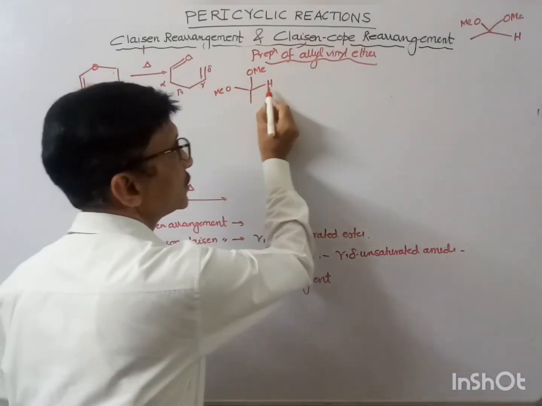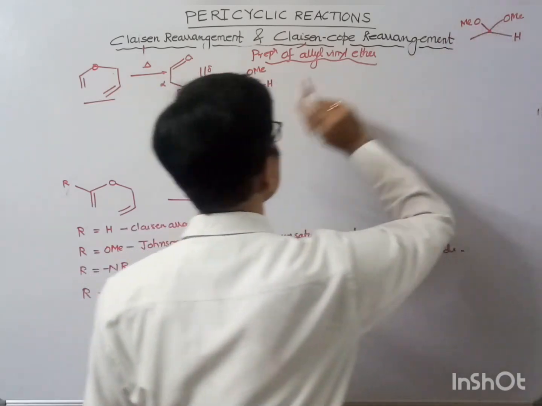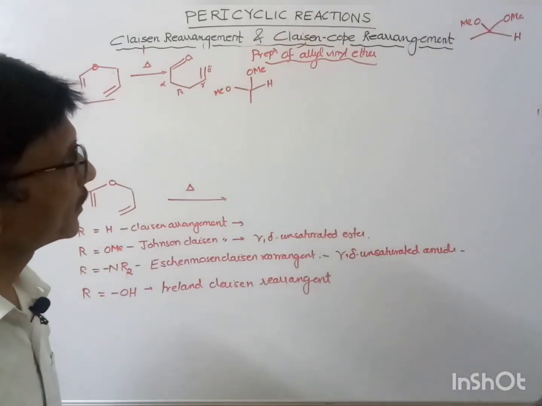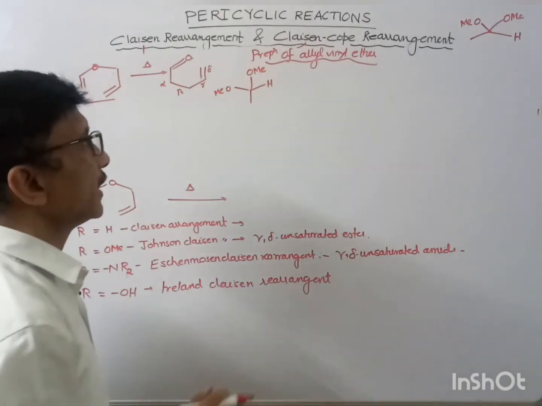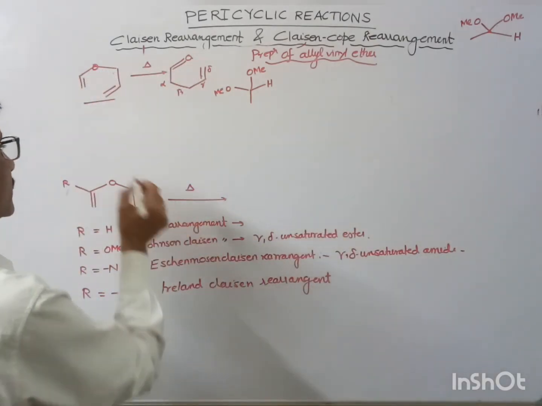So this is our acetal. We have hydrogen, we have the CH3 and two OMe groups, two methoxy groups present, then that is called an acetal. And now how can we get this acetal? All of you have already read the reaction.